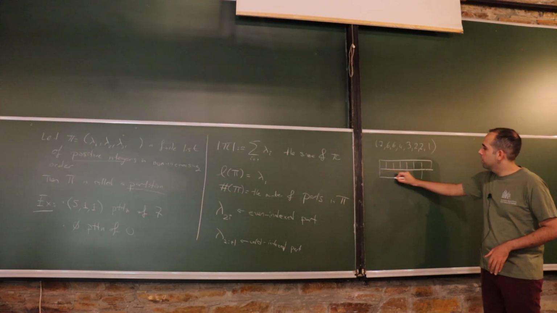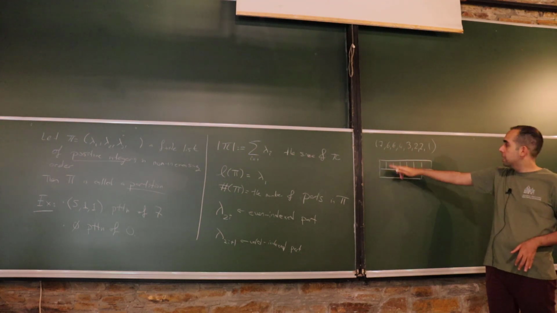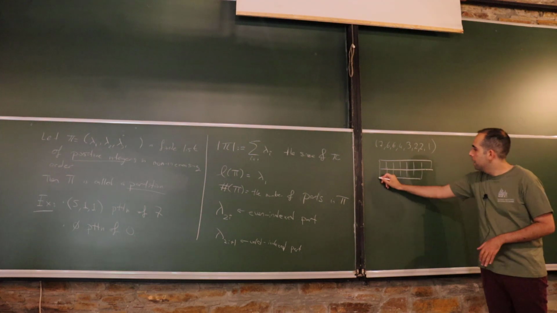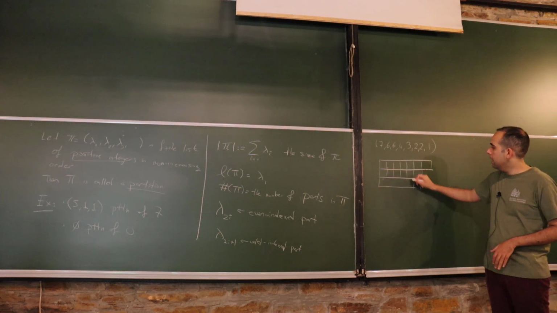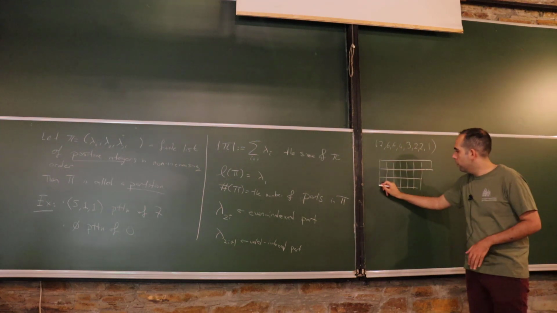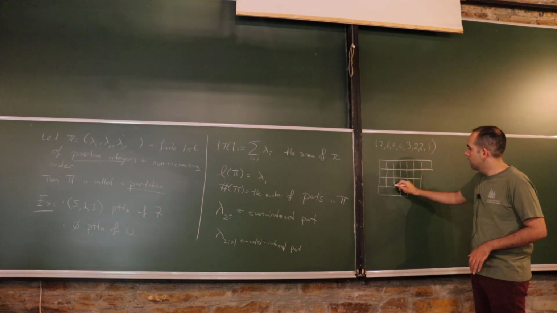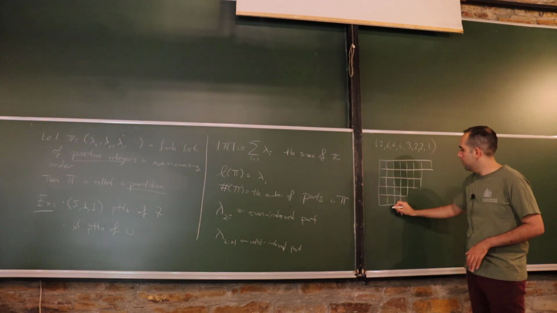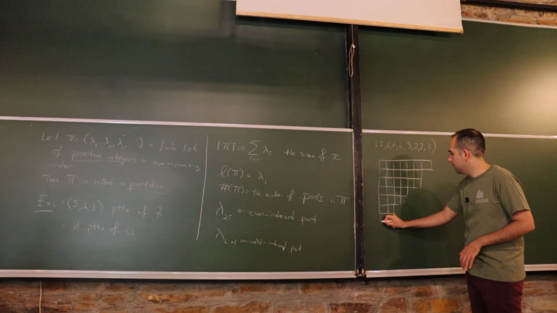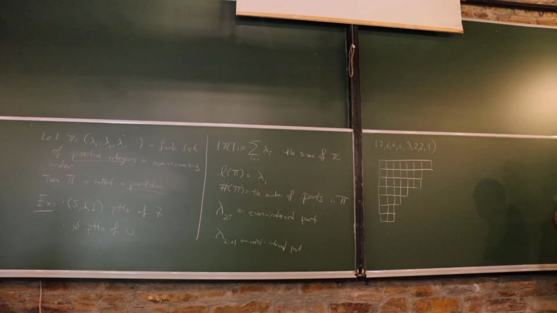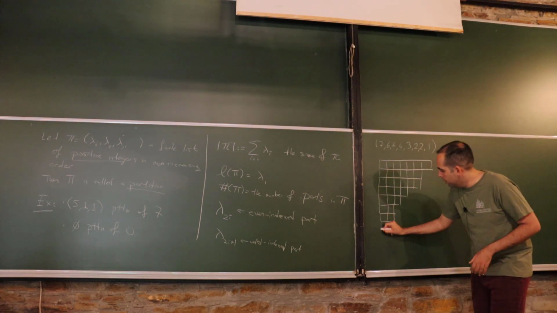So 6, you draw a second row with 6 boxes to represent the parts. Then another 6. Then I need a 4, and 3, and 2, and 2, and 1.